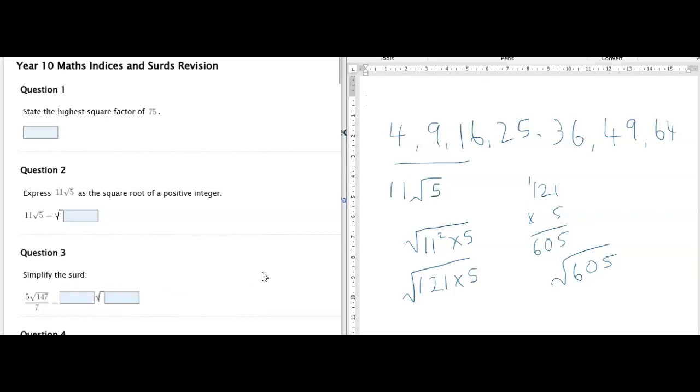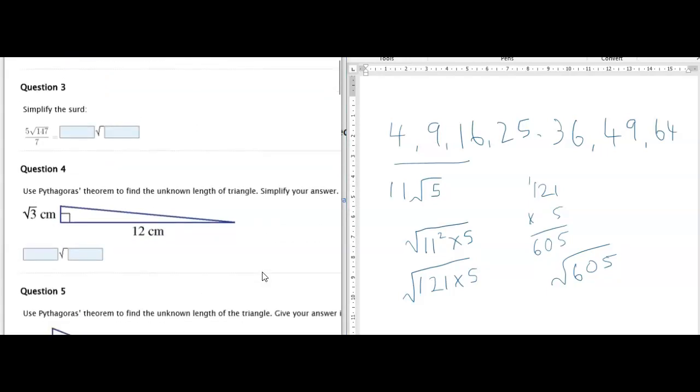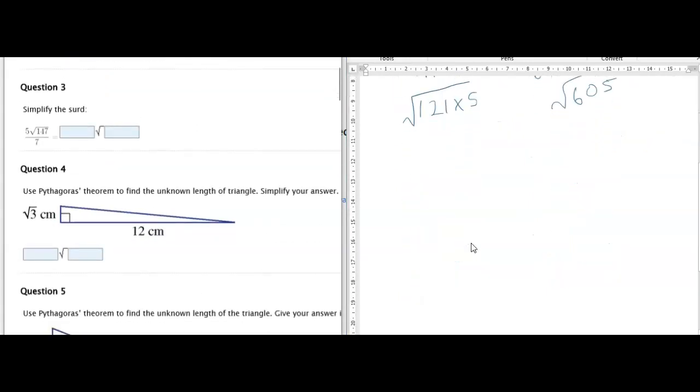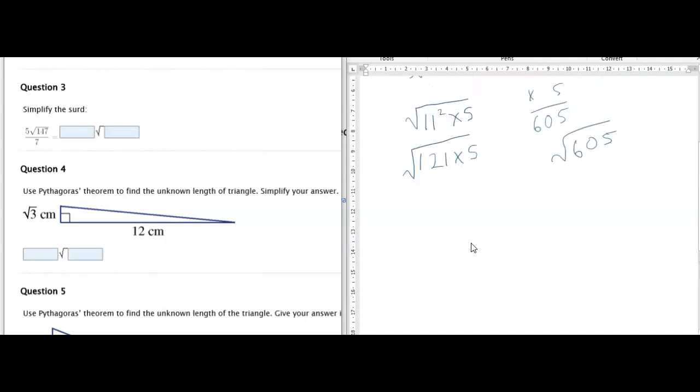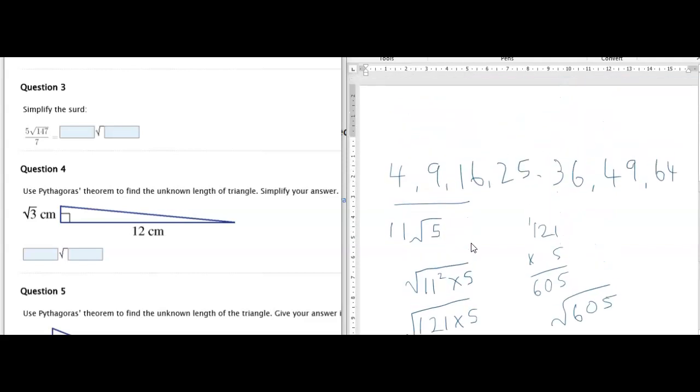All right, we'll just scroll so we've got a bit more room. So we'll get question 3 up. Simplify the surd: 5 square root of 147 over 7. First we're simplifying the square root of 147. Coming back to these square numbers, which of these square numbers go into 147? It is 49.